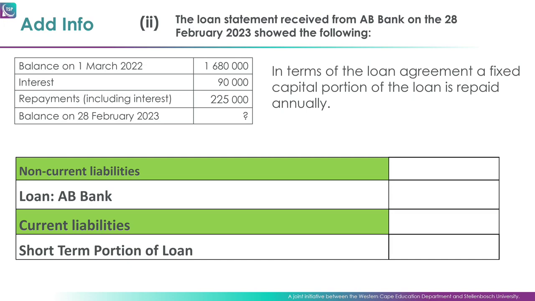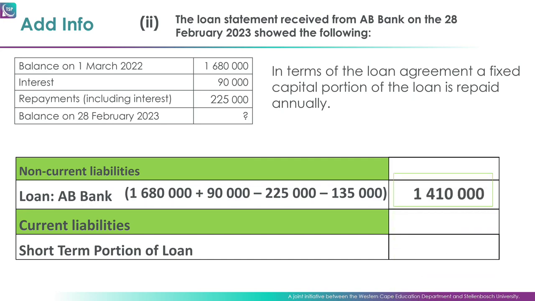Under non-current liabilities, you have your loan from AB Bank, and the amount will be the 1,680,000 plus the 90 minus the 225 and then minus the 135,000 Rand, which will give us 1,410,000 Rand. And like I just said, a portion of this loan is now going to be this portion over here. The 135 is a short-term portion.